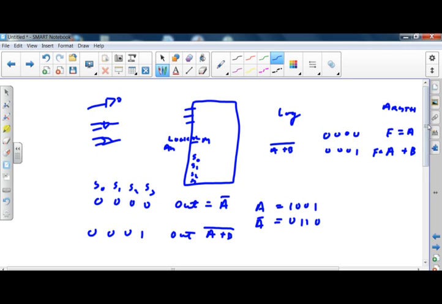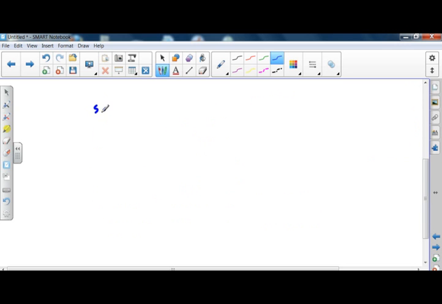If I make my selection S3, S2, S1, S0 to be 0, 0, 0, 1, 0, 1, 1, 0, and I have my mode M to be 0, I now have a 4-bit adder that I'm operating with. Isn't that just peachy keen? Now you do have labs where you get to do that, so that's pretty cool.